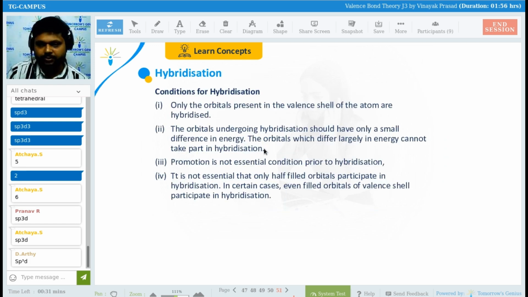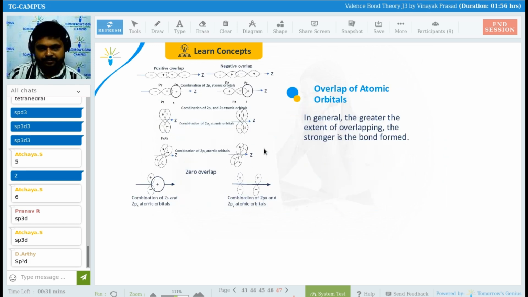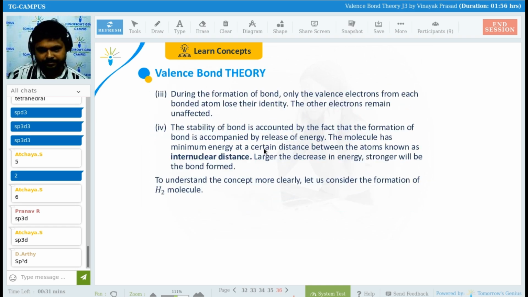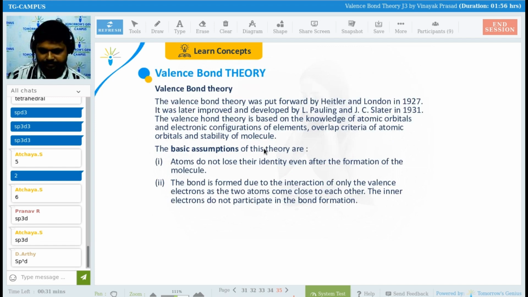Okay, students. So now come to the point, hybridization. Sorry. First of all, we have to see what valence bond theory is. What is this valence bond theory? Why do we need a valence bond theory? Can you please tell me the answer for this question?